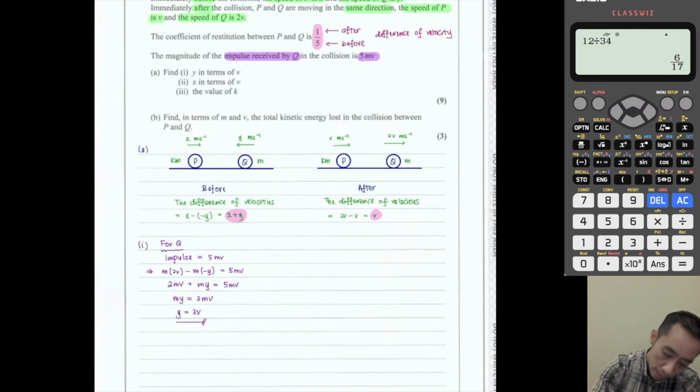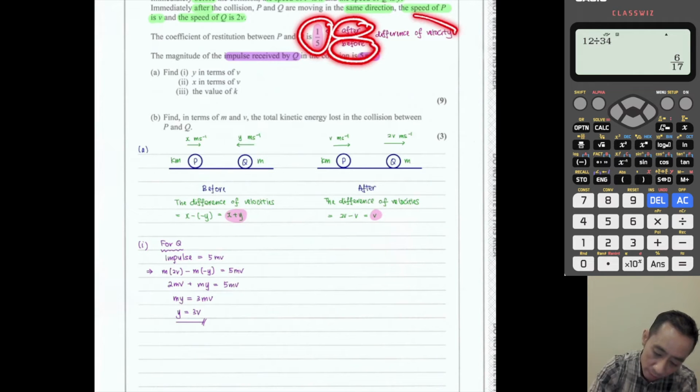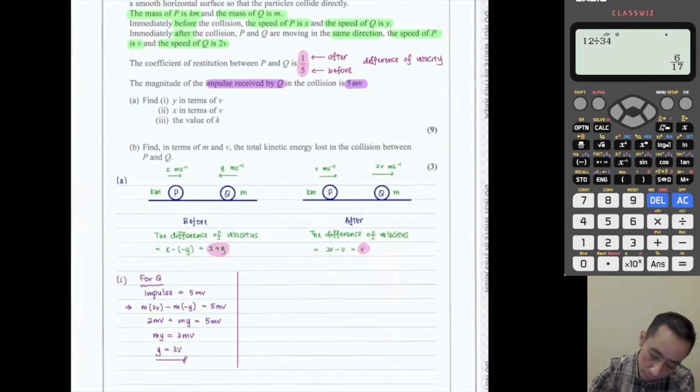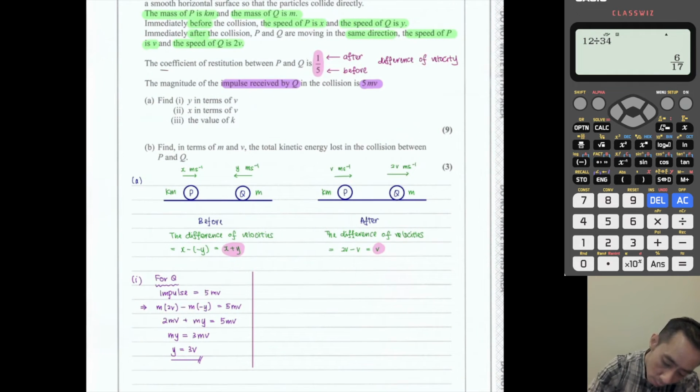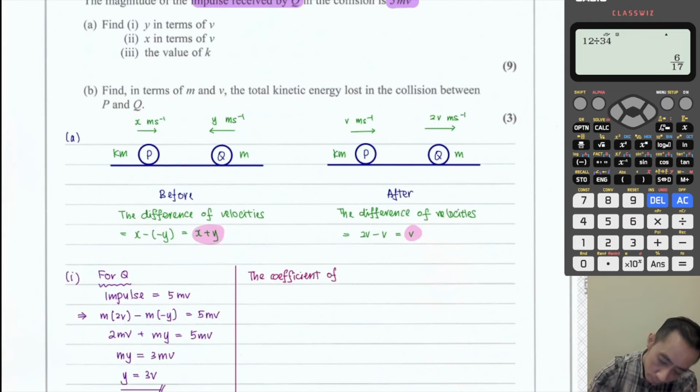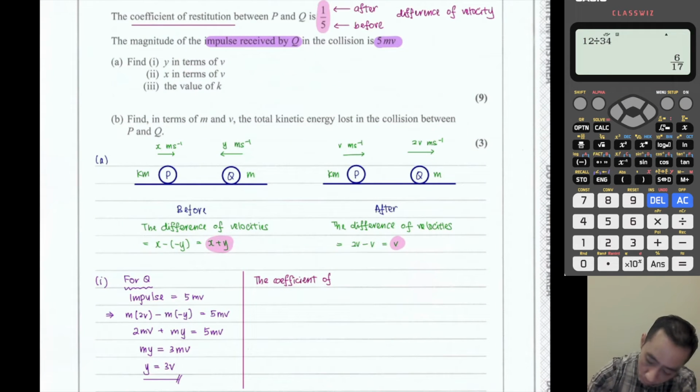Okay, now let's see what other information we are given for this question. So we have before, after, the difference of the velocity. So for this, the coefficient of restitution is equal to 1 over 5.